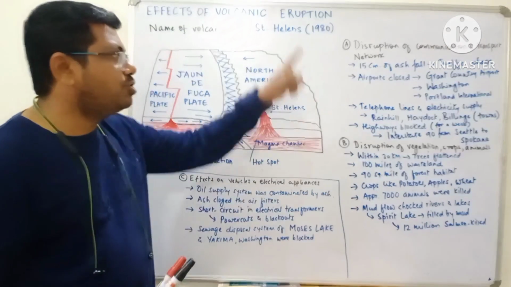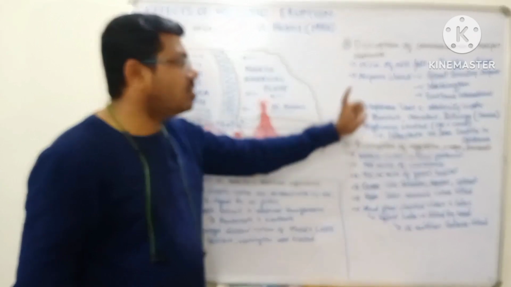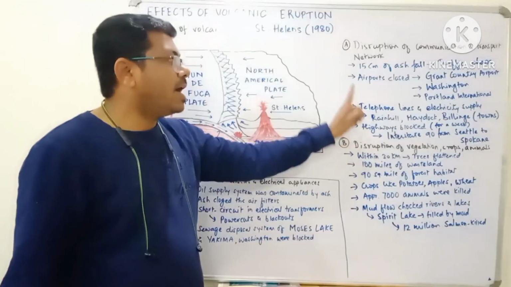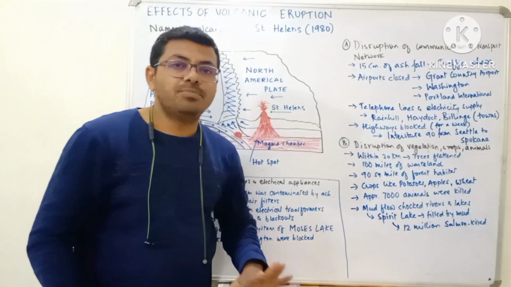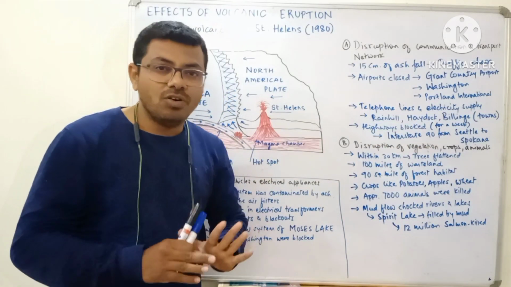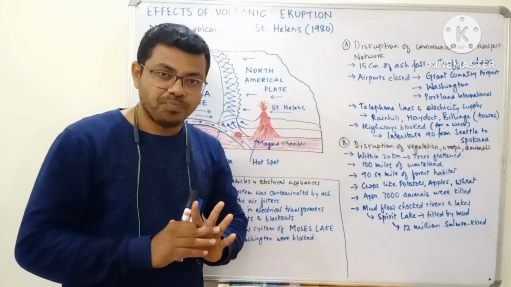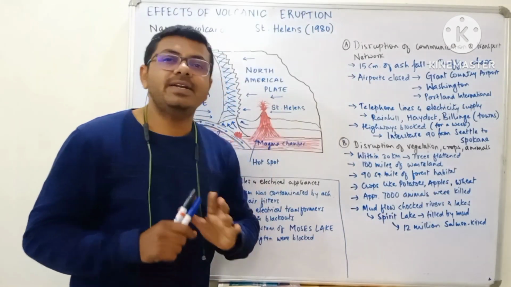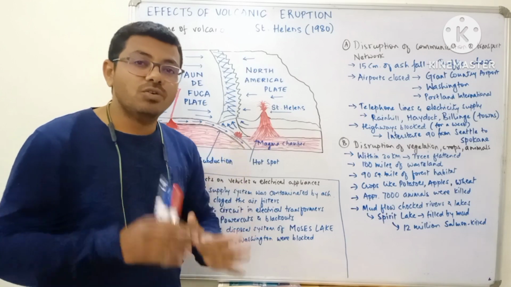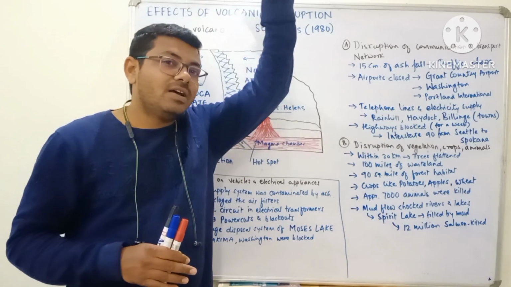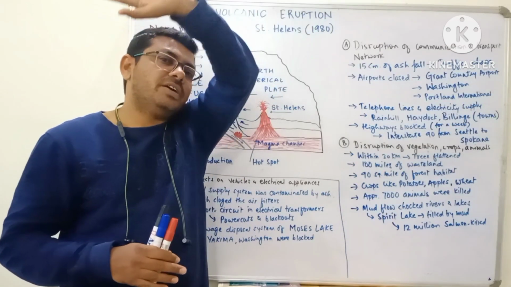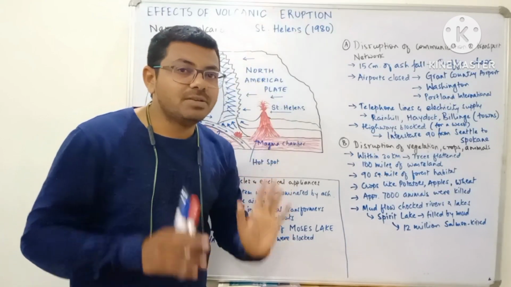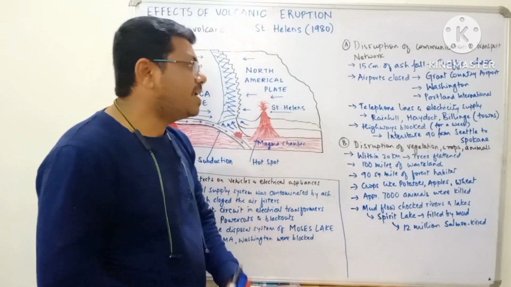That's why, due to the eruption of this volcano, Grand County Airport, Washington Airport and Portland International Airport were closed for a week. They were closed because there was ash in the sky and the visibility was very poor.